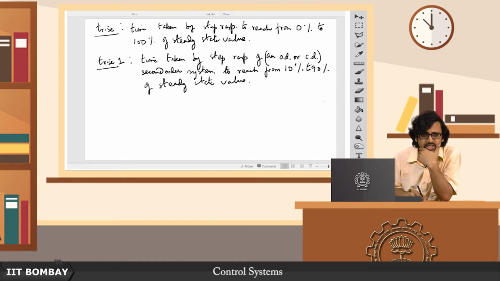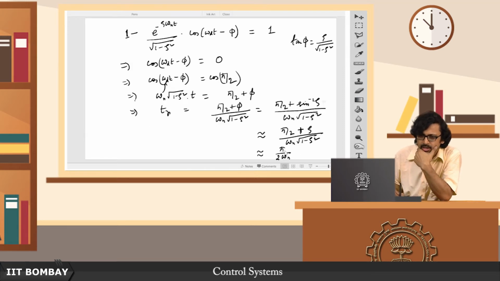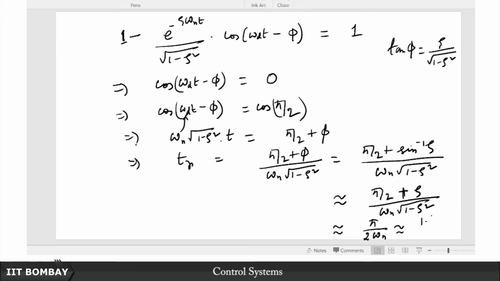So for the general case without much thought, if you notice, this is almost close to 1.6 upon, again another level of approximation, probably 1.6 upon omega n. So in many textbooks what people generally adopt without loss of generality, I wouldn't say without loss of generality though, but yeah, people are happy with a single unique formula rather than multiple formulae for the same.